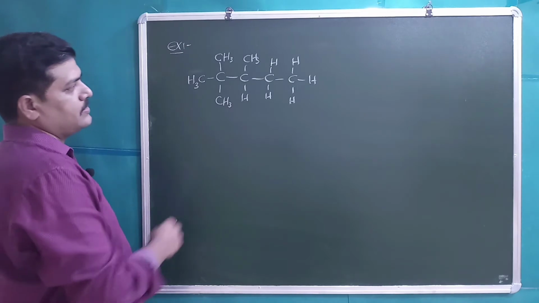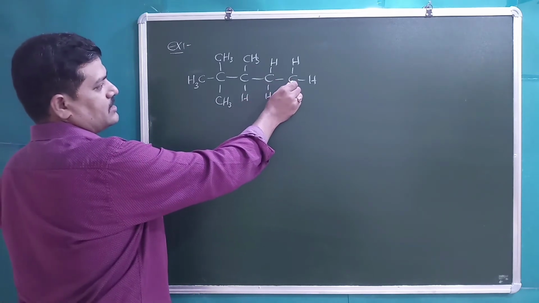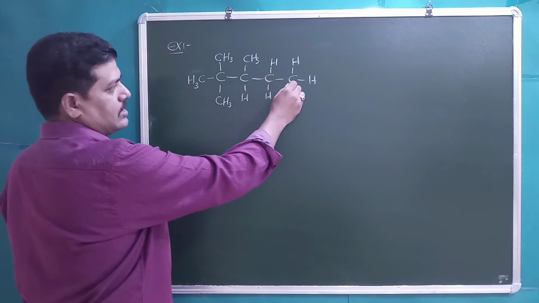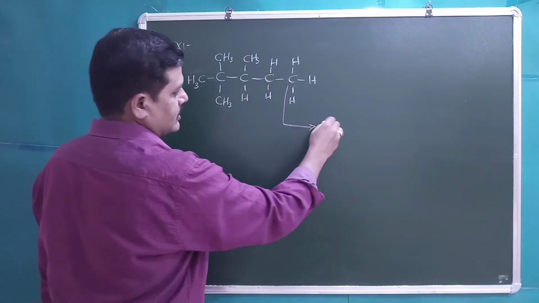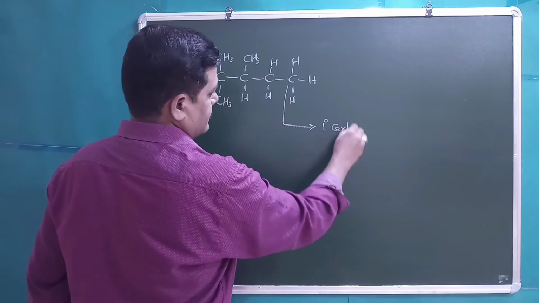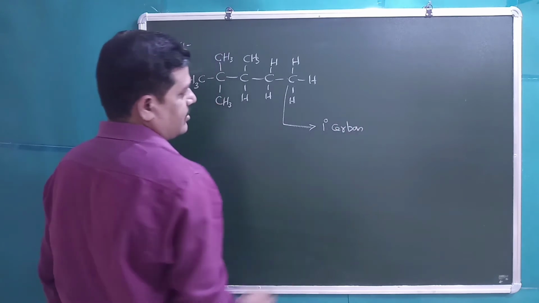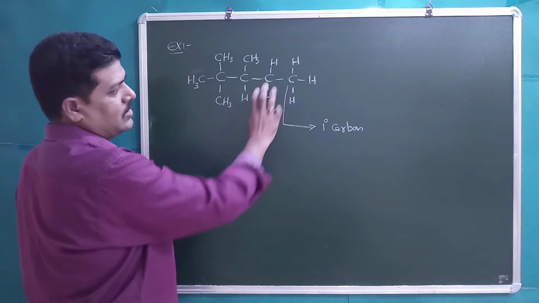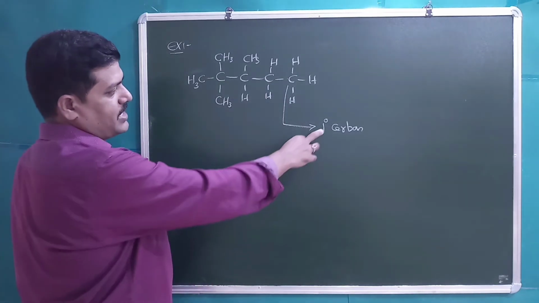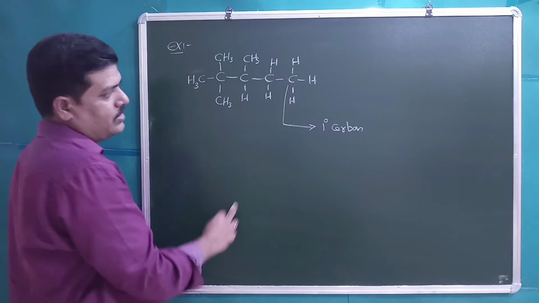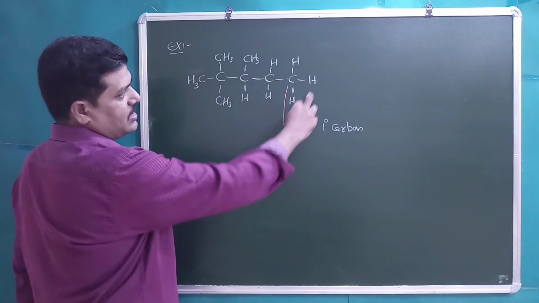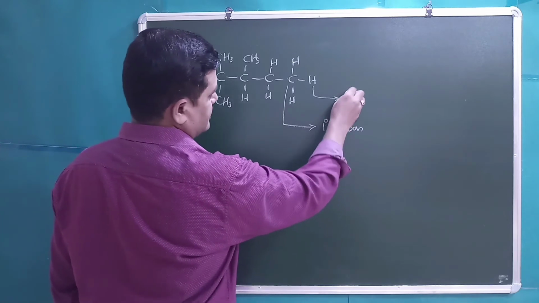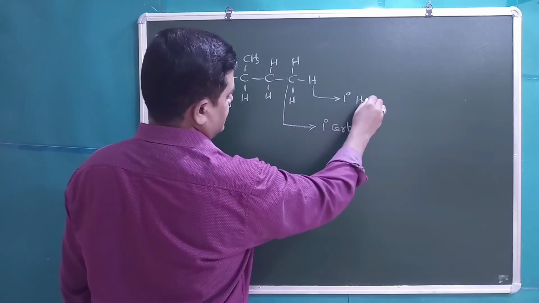In this case, this carbon is attached with only 1 other carbon. So we can call it a primary carbon, which is attached with only 1 carbon or no carbon atoms. This is primary carbon. So all these hydrogens which are connected with the primary carbon, we can call primary hydrogens, 1 degree hydrogen.